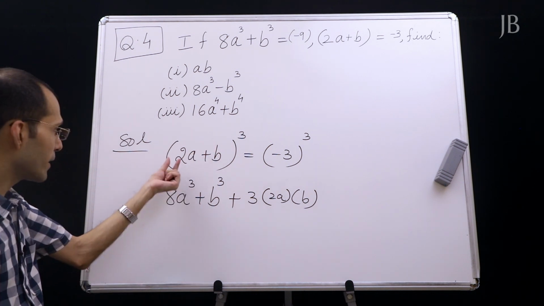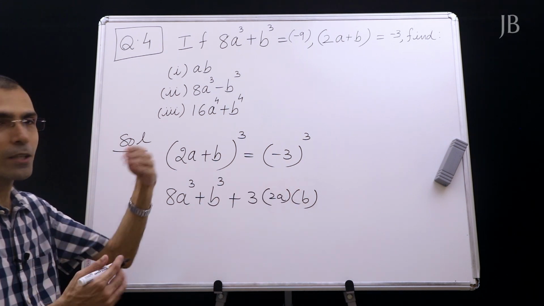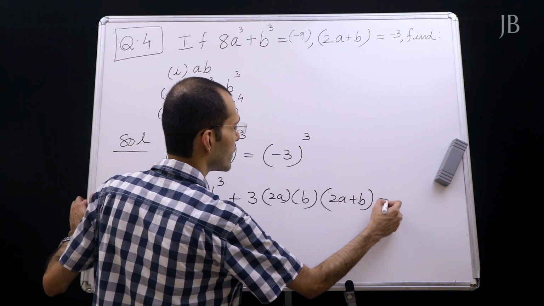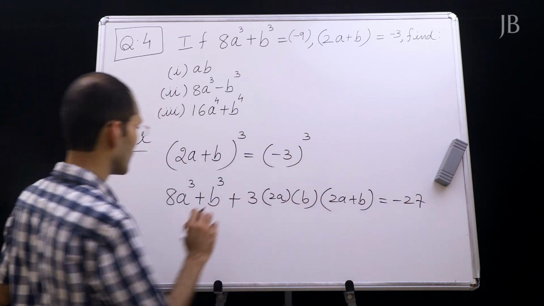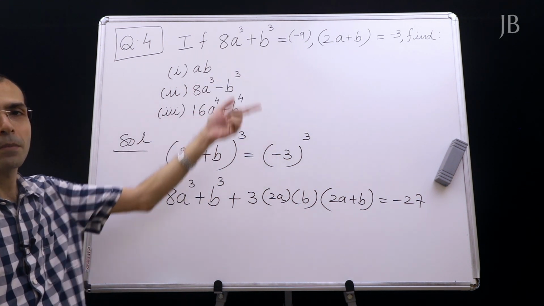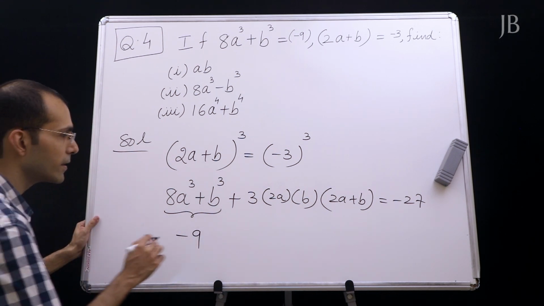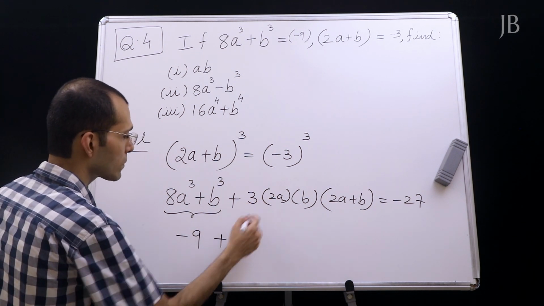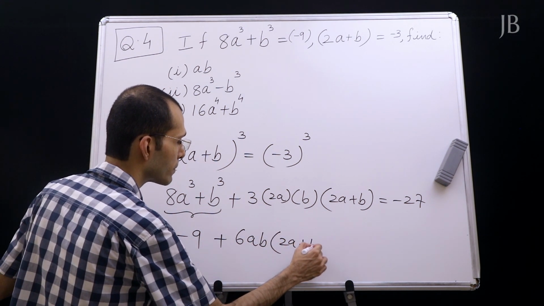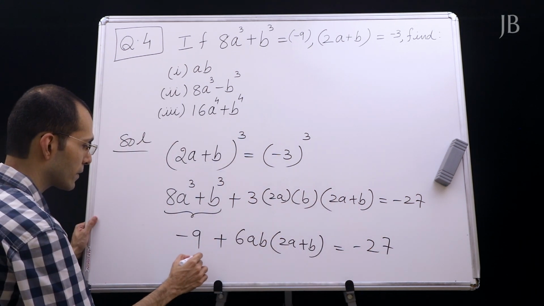Now a is not a, it is 2a and this is b. So it is 3 into first term into second term, into 2a plus b, is equaling minus 27. Now 8a cube plus b cube is given to us as minus 9. So this would be minus 9, and 3 into 2 is 6, so 6ab into 2a plus b is equaling minus 27.